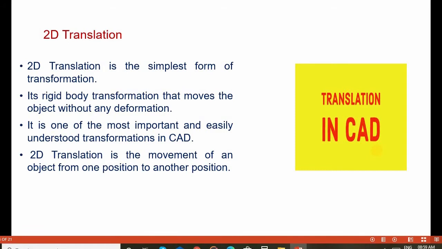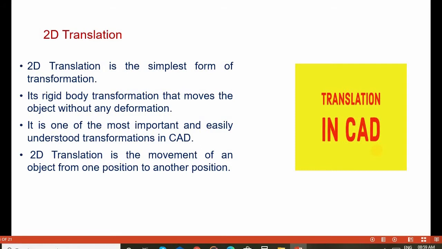It is one of the most important and easily understood transformations in CAD. So this is the simplest and important transformation process in the CAD system. Two-dimensional translation is the movement of an object from one position to another position.